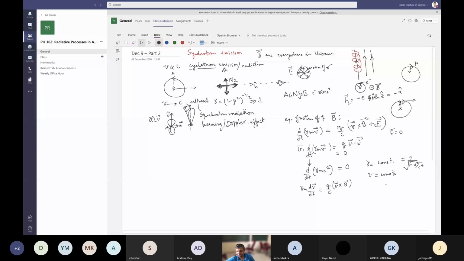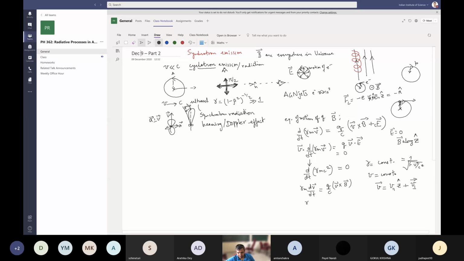So let's decompose v. v is equal to v parallel z hat, and B is along z hat. Without loss of generality, we can choose our z coordinate along the direction of B. And there's a v perp which is in the xy plane.